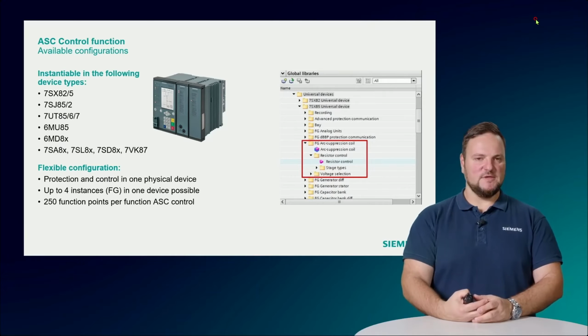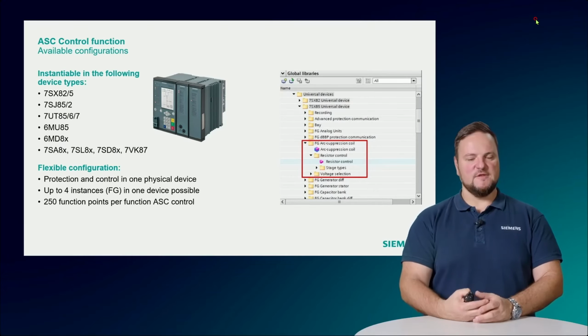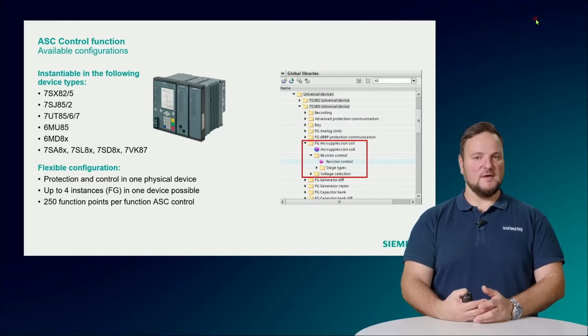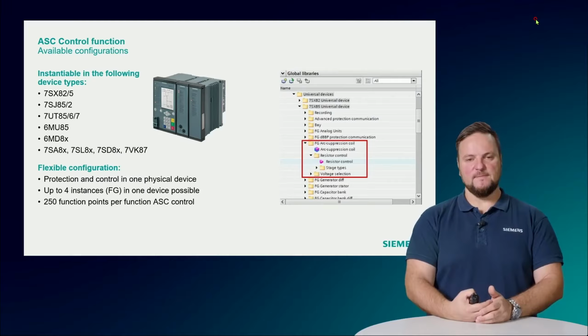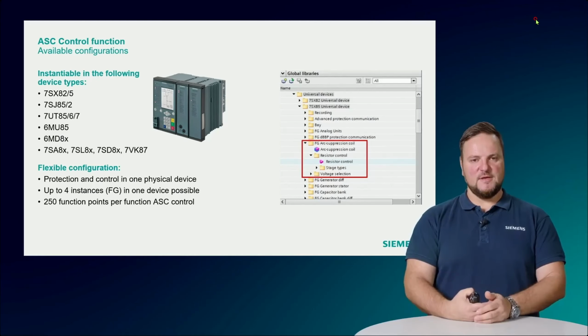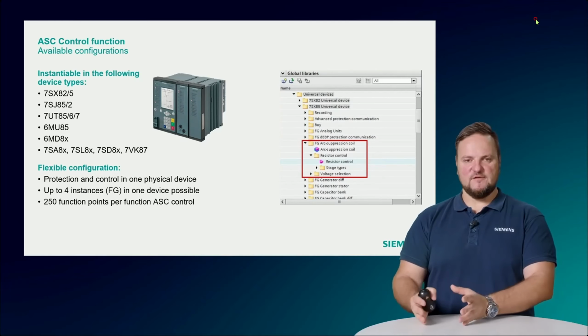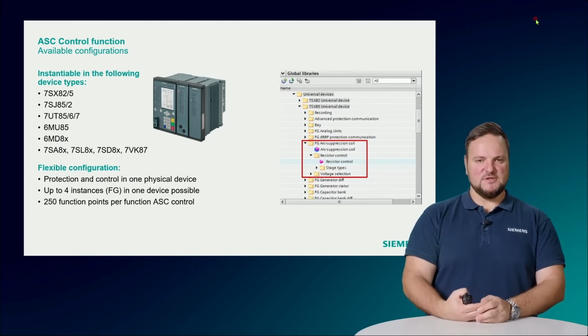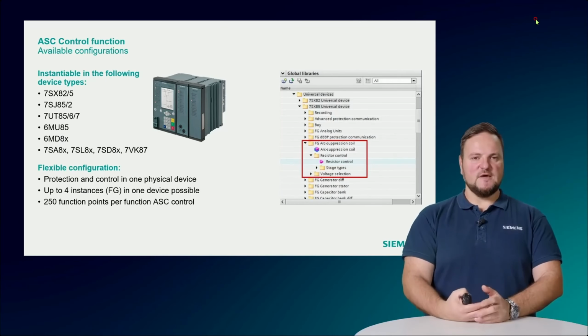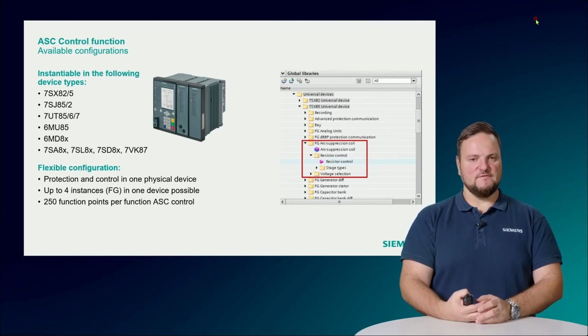You also have the possibility to instantiate the function 4 times in one device, especially if you have, for example, 2 coils or 2 arc suppression coil controllers in one box, and you can control both independently, or you have a parallel operation. Then you can have one fixed coil and one movable or adjustable coil. The arc suppression coil function costs 250 function points, and this is available with version 9.90.